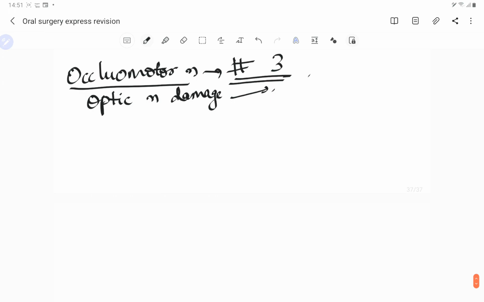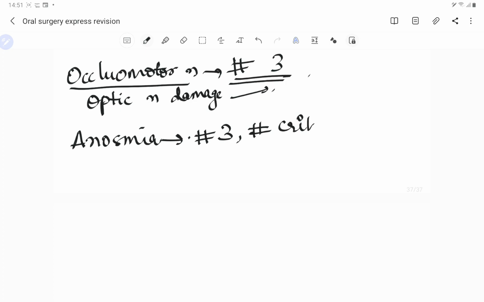And if a person has anosmia, that is absence of smell, which we have covered in fracture of Lefort-3, or fracture of the midface and cribriform plates. The cribriform plate contains small pores for the olfactory nerve, right?